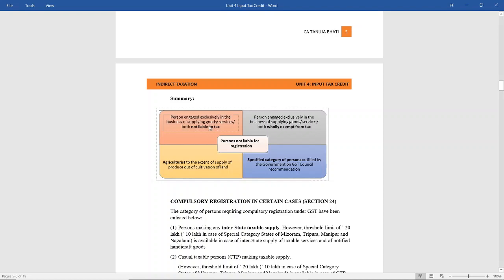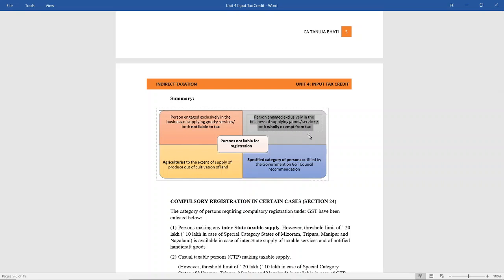Suppose I am selling alcohol for human consumption, am I required to get registered under GST? No, because alcohol for human consumption is not taxable under GST. Next, persons exclusively engaged in the business of supplying goods, services, or both, which are wholly exempt from tax.